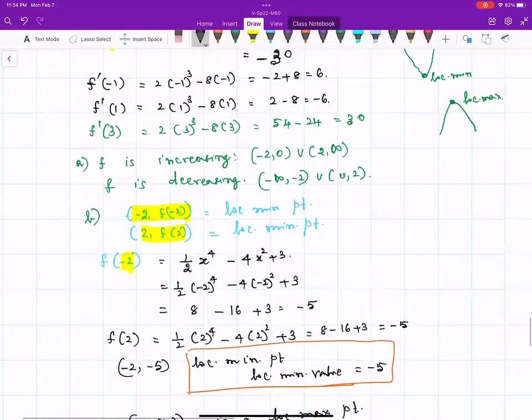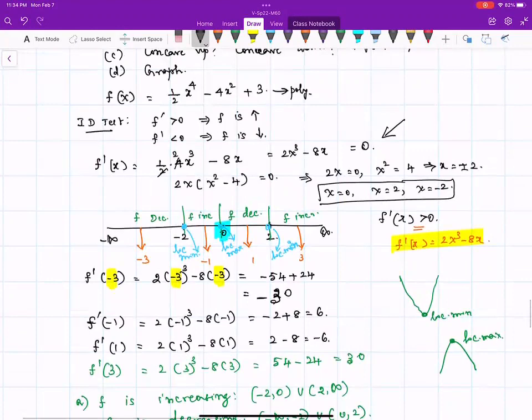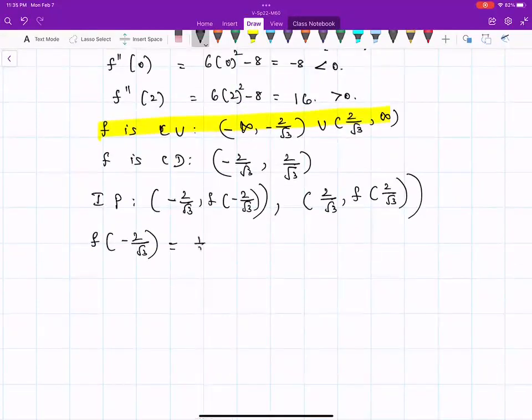It is half x to the power 4 minus 4x squared plus 3. So I substituted these into the original equation given in the problem.